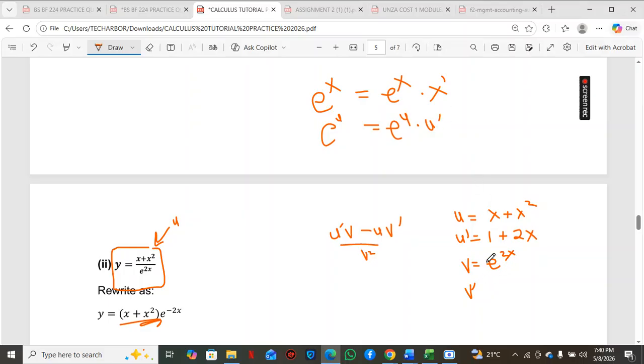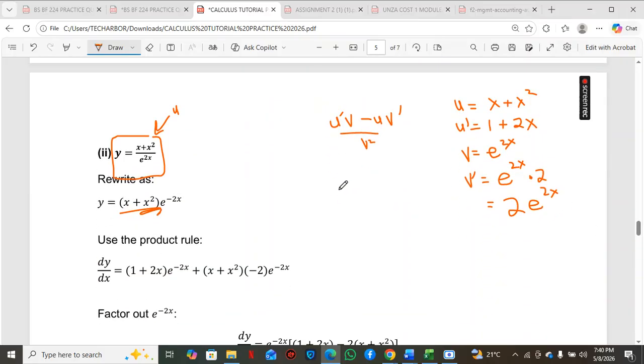So when we derive e to the power 2x, first you write the e to the power 2x as it is. Then we derive this 2x. When you derive 2x, you're going to get 2. So v prime is going to be 2e to the power 2x. Okay, colleagues.